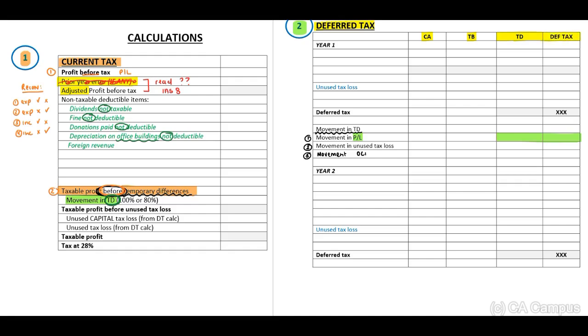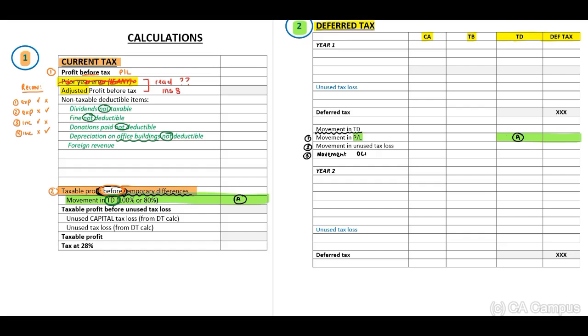Therefore, we are referring to the movement in our temporary difference, and let's call this A. This amount here should agree to the amount we include in our current tax. Look at this, temporary difference versus temporary difference.